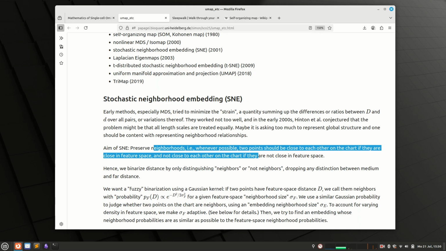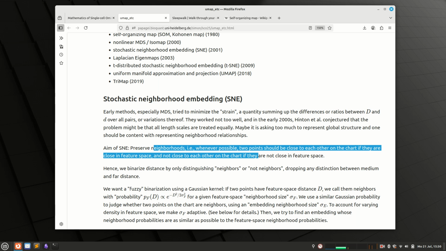And so they had this sort of obvious idea, let's take a Gaussian kernel. If we have points which are distributed like this, and we have this point here, we say everything under this kernel is a neighbor, and this is definitely a neighbor, and this is 50-50 a neighbor, and this is rather not a neighbor.